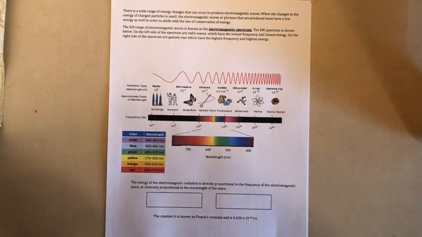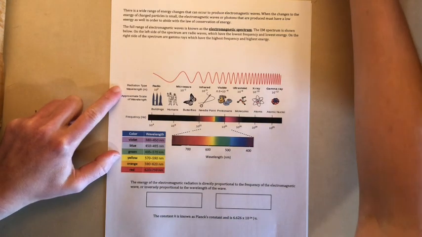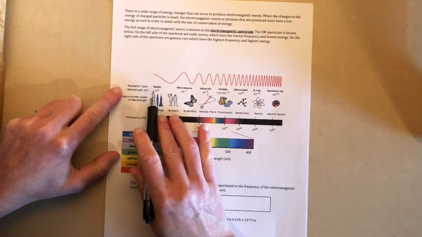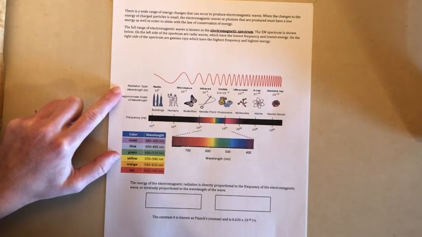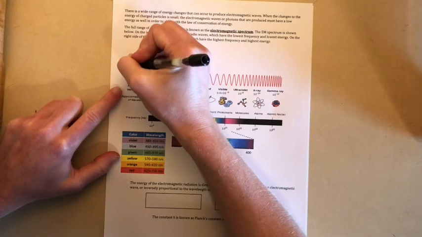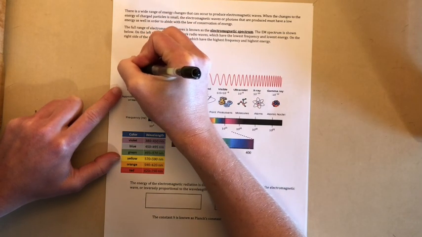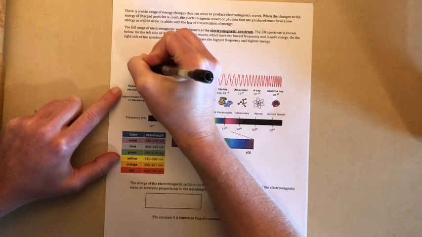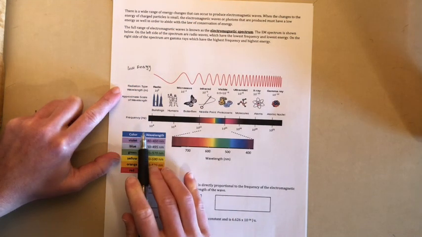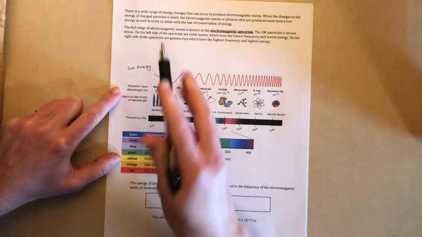So on the low end of this spectrum down here, this is where we have radio waves. Radio waves are used in communication devices like antennas. And so down here, this is the really low energy side of the spectrum. You'll also notice that the wavelength here is really long.